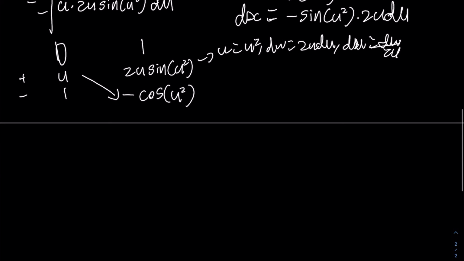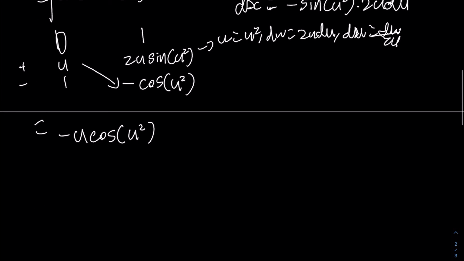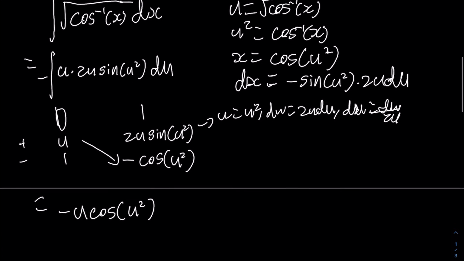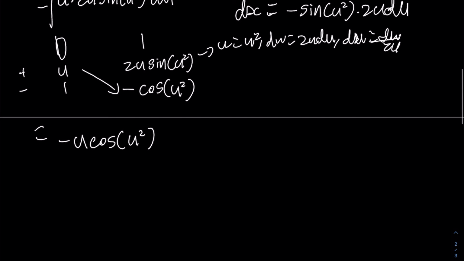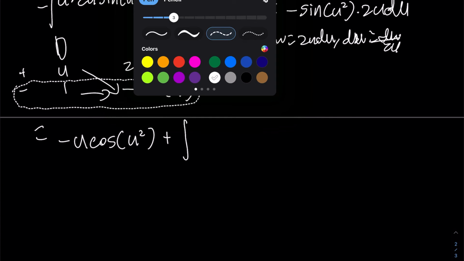And what we see here is that we now get negative u cosine of u squared, plus the integral, because this part here is actually an integral of its own, because we still have to evaluate that.